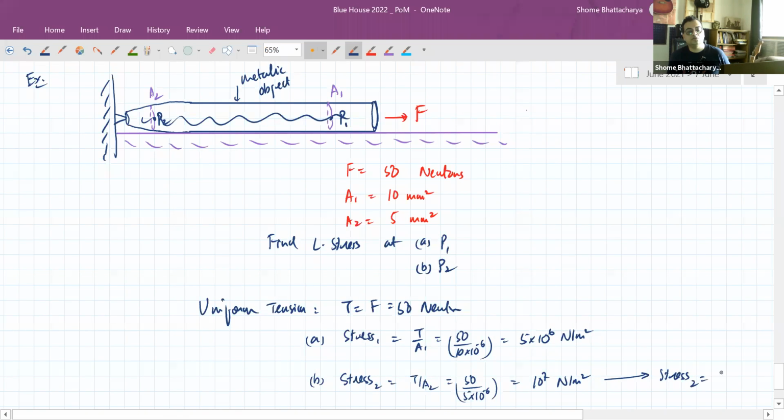Stress at point 2 is 2 times because the area is half.